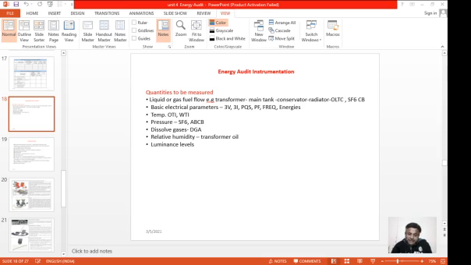What are the intensities of lights, how many lumens are required to be kept. All these things are required under measurement of lumen or luminous intensity. So these things we are going to study in this chapter, and we'll see what types of instruments are mainly used in the conduct of an energy audit.